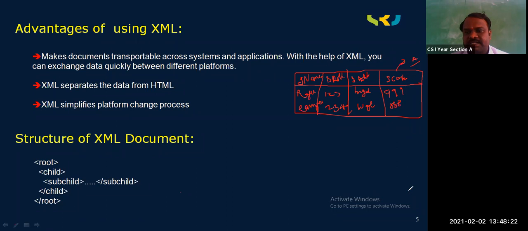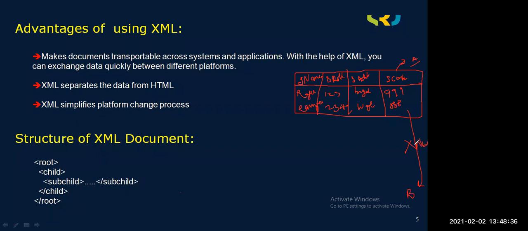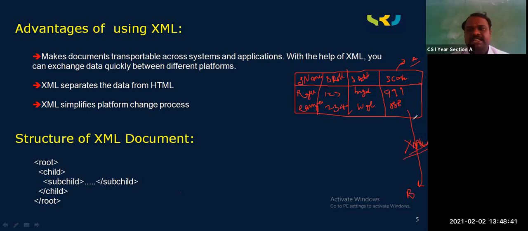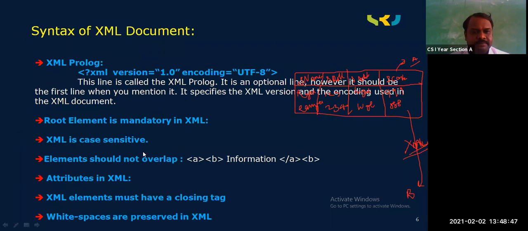This data is present, and I want to send this data as it is to the B platform. So in between, what will I do? I need to prepare an XML document. Yes or no? Yes, sir. Let us see how to prepare this XML document. This is our aim. So for that, I will go to my program.